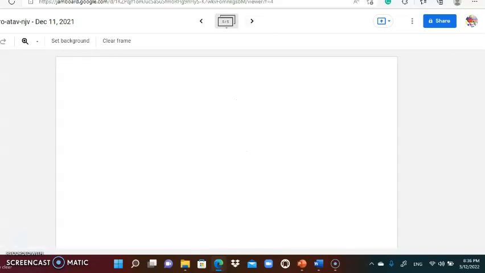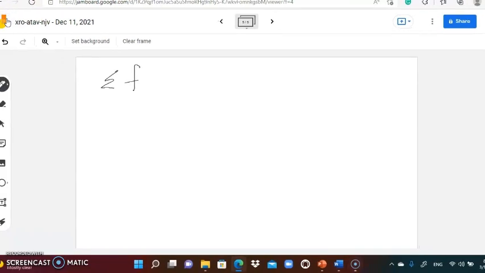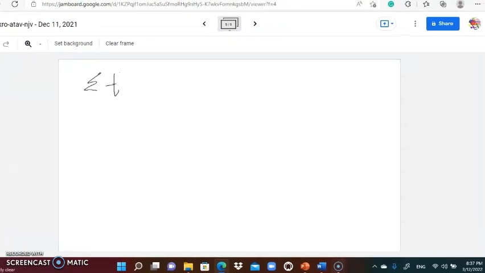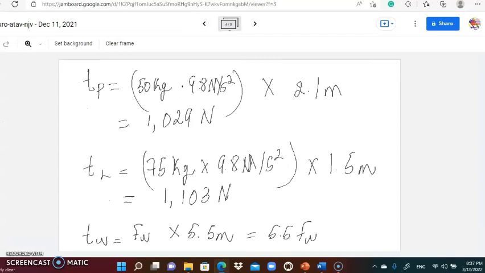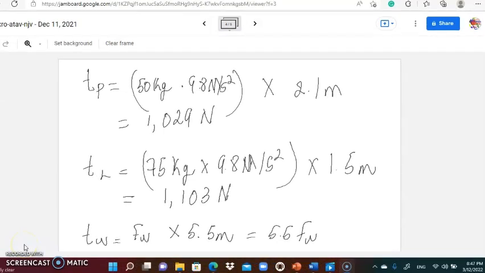And that is going to give me 5.5 FW. Now we know that the sum of the torque forces, both clockwise and anti-clockwise, must add to give me 0. Here we know the torque force that is being exerted by the person, the ladder, and the force being exerted by the wall and the ladder.